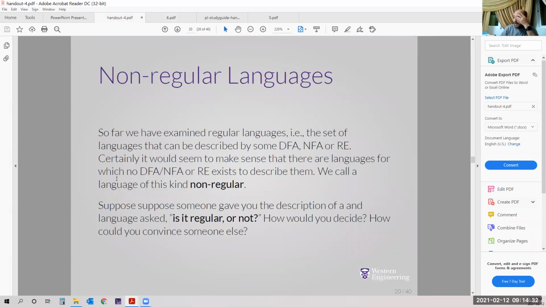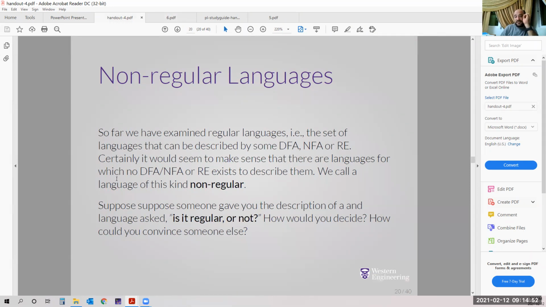What do we mean by non-regular language? So far, we have examined regular languages, the set of languages that can be described by some DFA, NFA, or regular expression. Certainly, it would seem to make sense that there are languages for which no DFA, NFA, or regular expression exists. We call these non-regular languages.